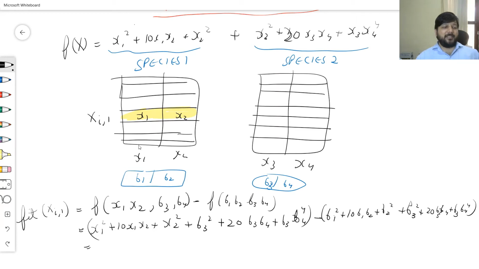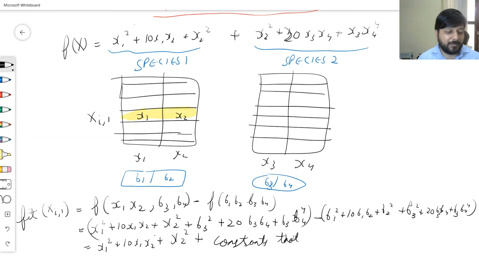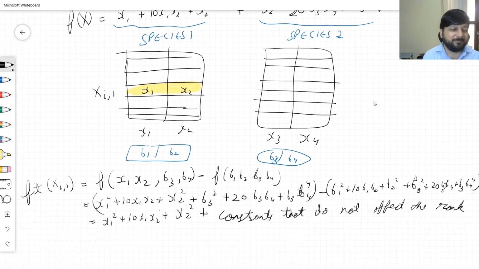For all these individuals over here, for one generation, b3, b4, b1, b2 are constants. Constants that do not affect rank. And hence they don't affect the expectation value.